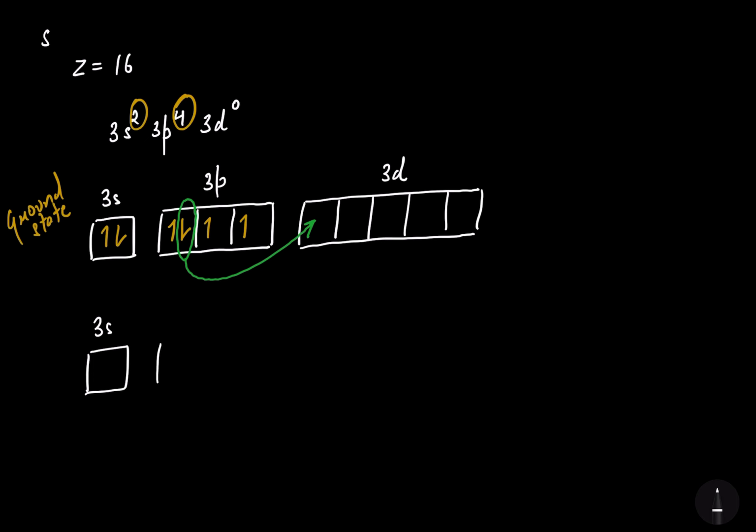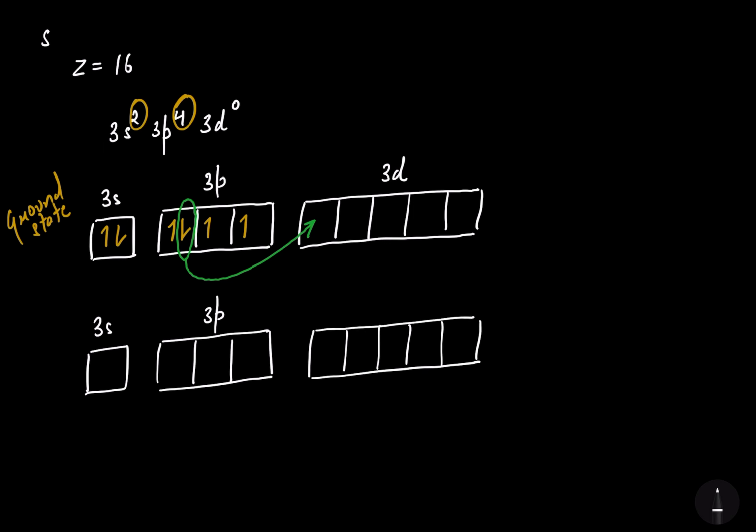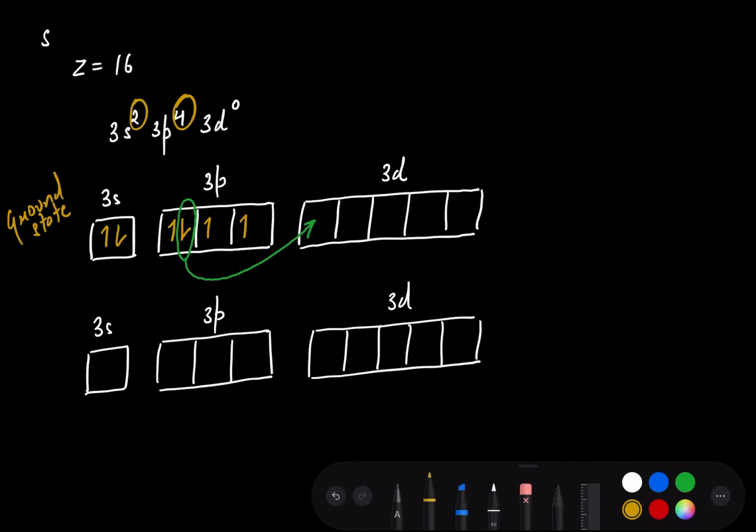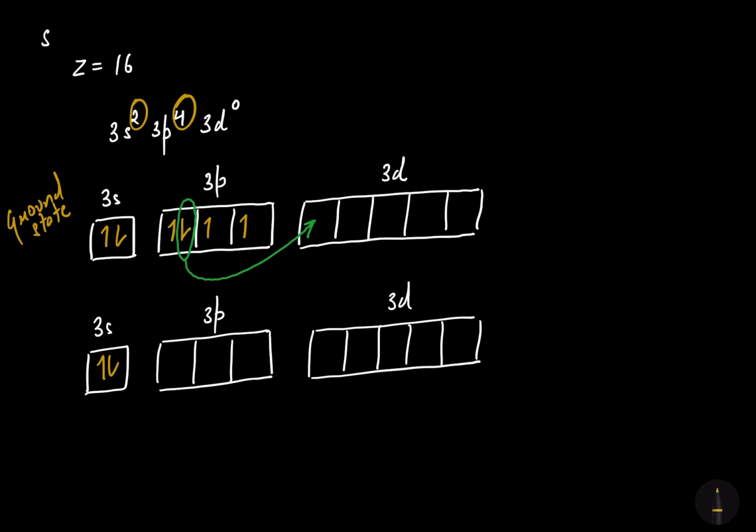That's 3s, that's 3p, and that's 3d. Now let's fill the electrons, 1 and 2, 1, 2, 3, and the electron that has been excited from the first 3p orbital to the 3d is over here. So now we have 4 electrons in 4 different atomic orbitals for the formation of 4 covalent bonds, and this is called the excited state.